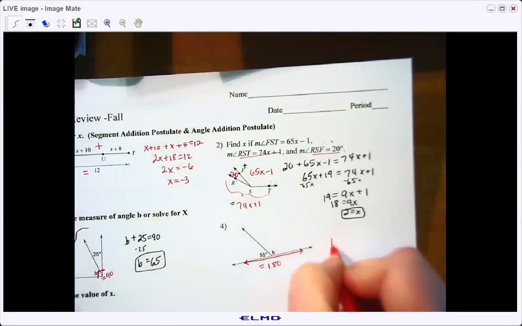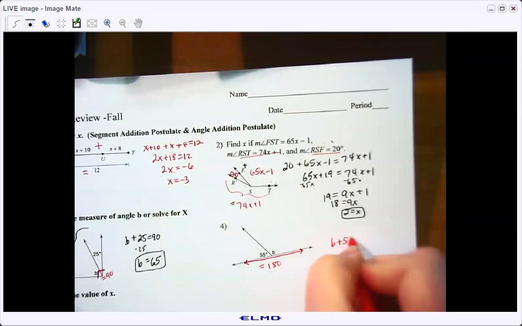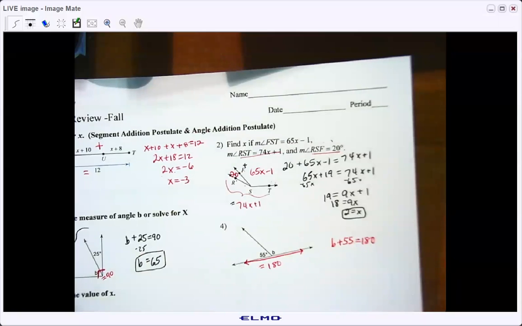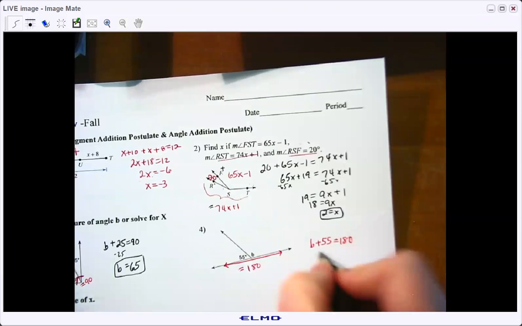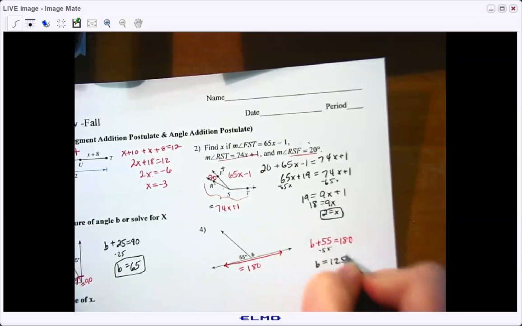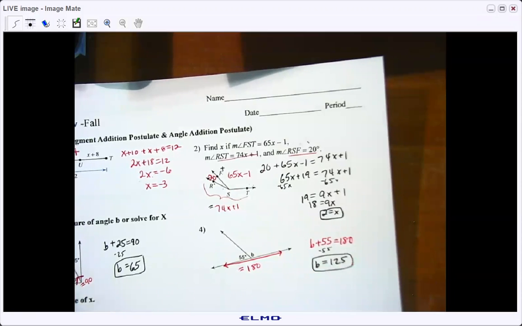We would say B plus 55 is equal to 180. And we would subtract 55 on both sides. Okay, and B is equal to 125. Good. Yep. And I see that in the chat box as well.